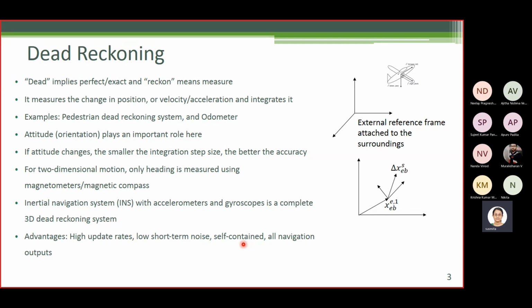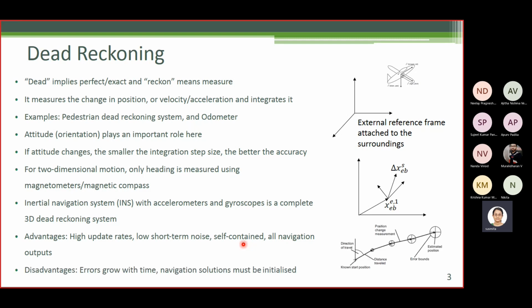So it is self-contained. Typically, dead reckoning systems are self-contained. And you can get all navigation outputs. There are dead reckoning systems, for example INS, which can give all navigation outputs.